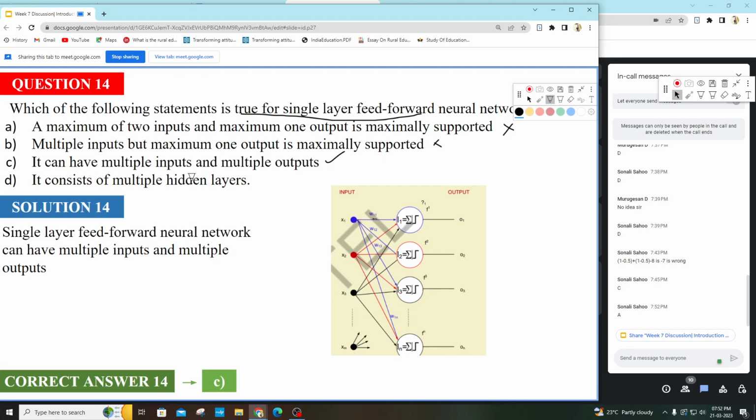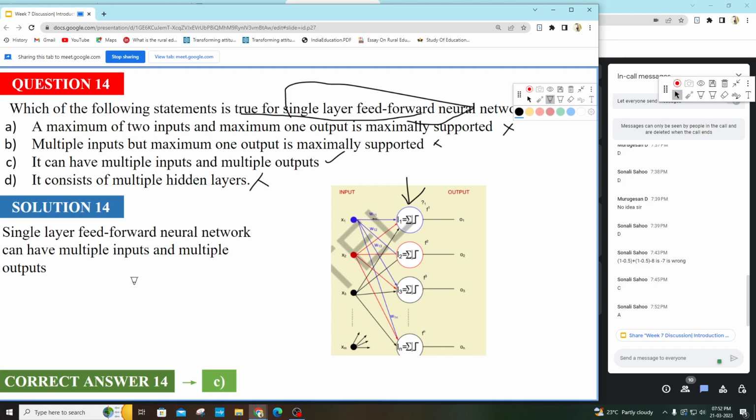And multiple hidden layers cannot be true, as it is a single layer feed forward network. So the answer is C: multiple inputs, multiple outputs, and only one layer of neurons. That is the main thing, not more than one layer.